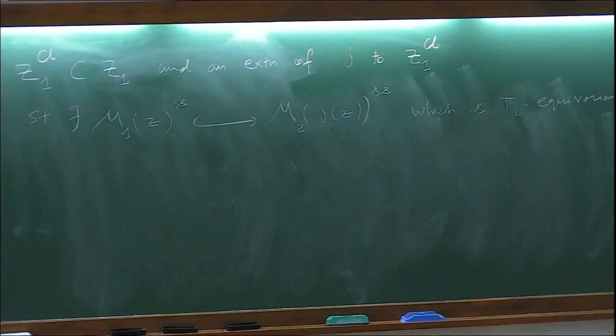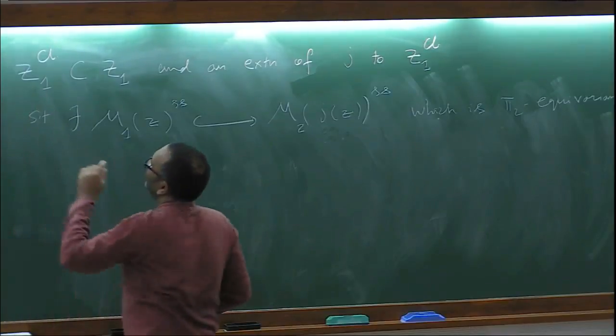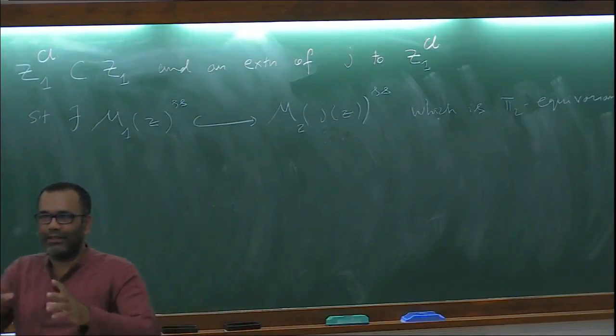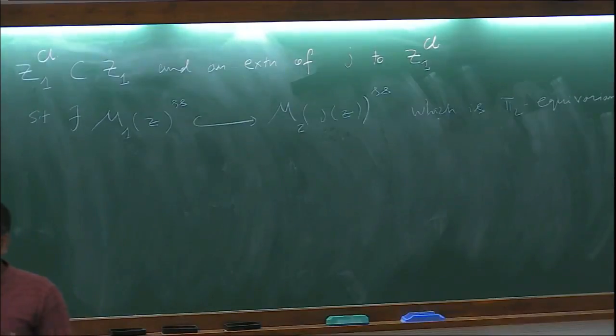This Z1 classical will be a space above the so-called classical weights, and this will parameterize classical automorphic forms.